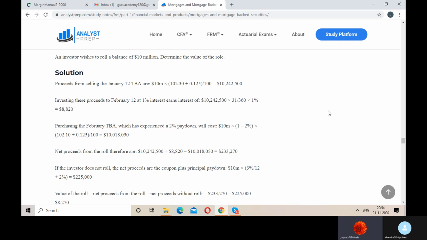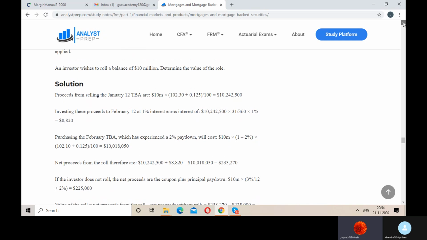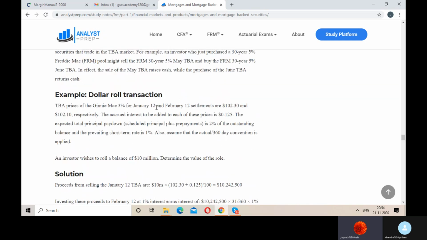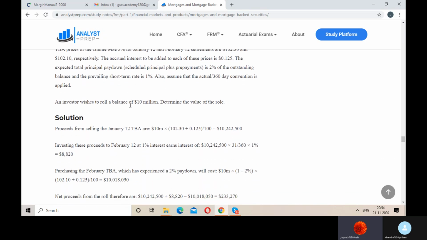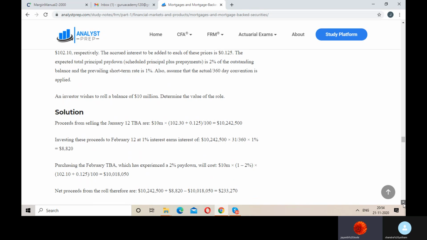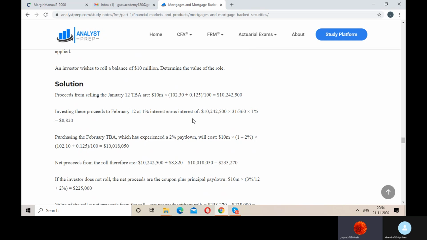Now from January 12 to February 12, it is 31 days. So he is investing and getting 1% interest. This particular amount which he got after selling, he is investing till February 12, and he is earning 1% interest.